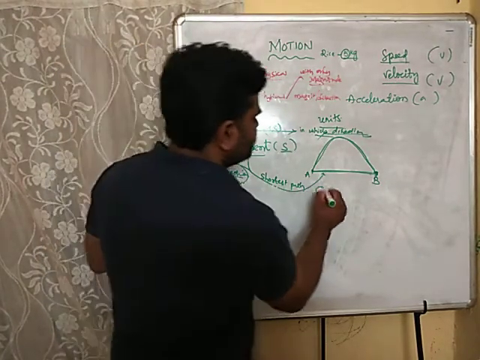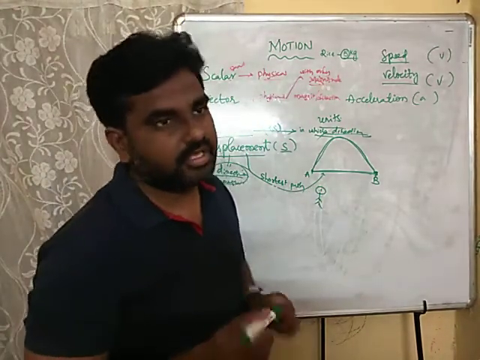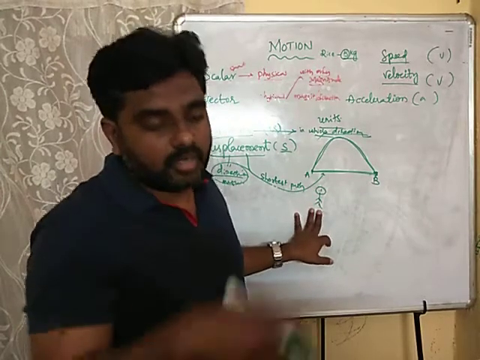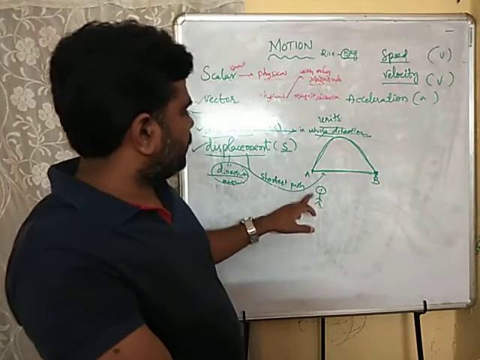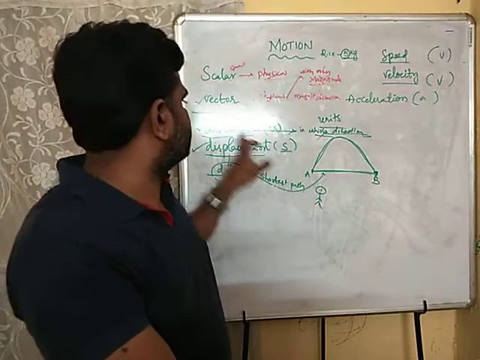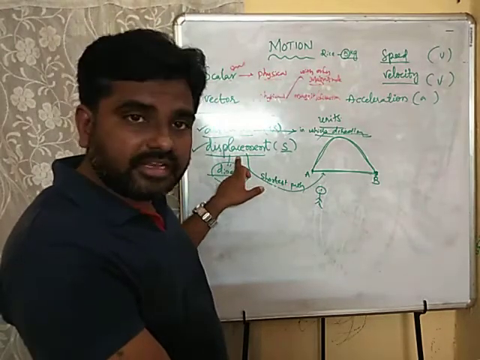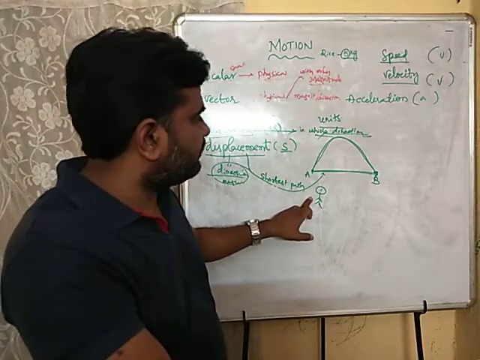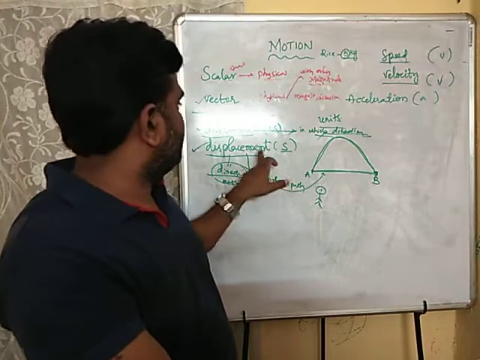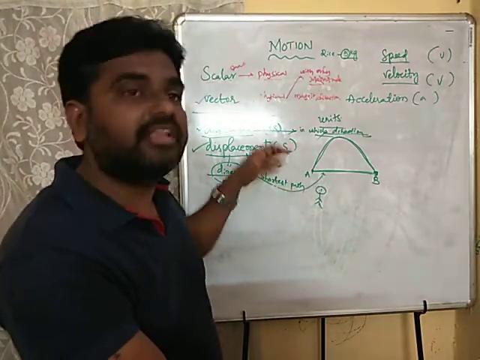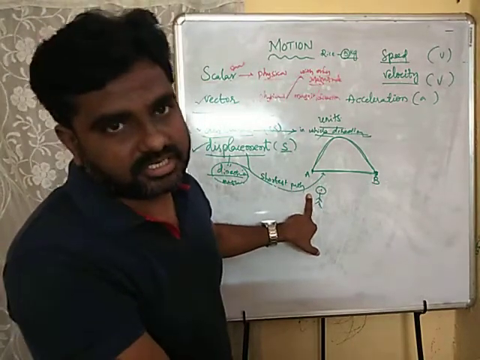For example, a person, Ramu, started moving towards Hyderabad and traveled the whole journey, say 150 kilometers. So 150 kilometers is the distance traveled by Ramu, whereas the displacement will tell you that Ramu reached Hyderabad by traveling 150 kilometers in a southwest direction, or east-west, like that.